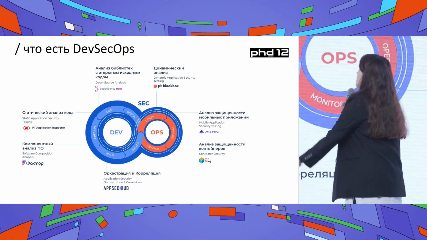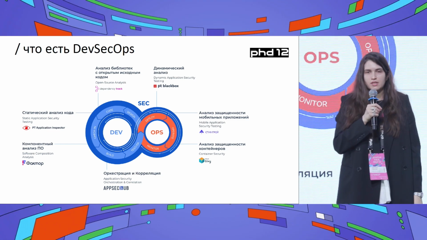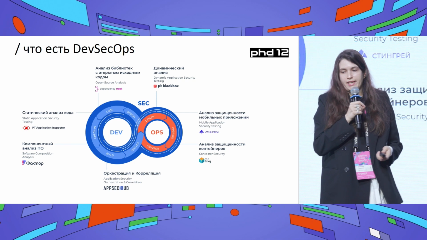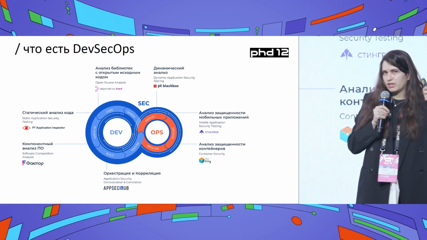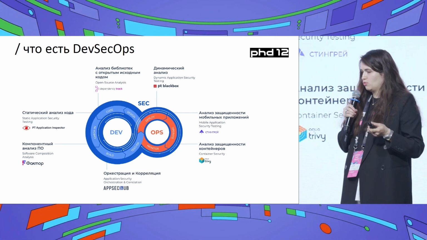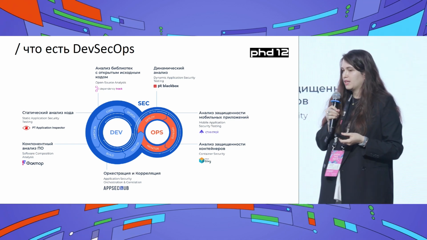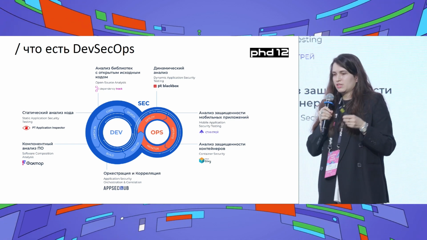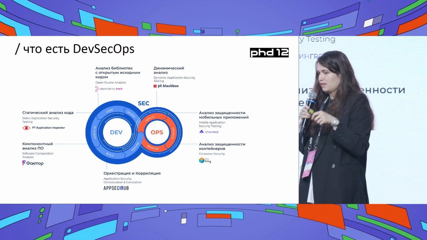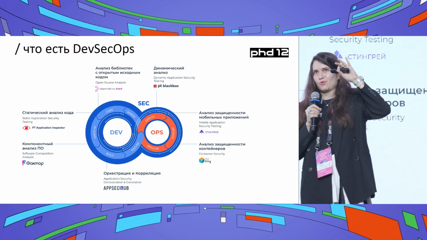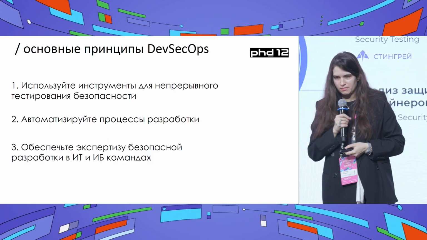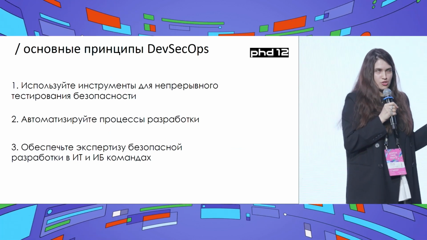So SAST and DAST should cover several cycles of development and so forth. And this is what you need to keep in mind when I start talking about how it fits with zero trust. So it's more about continuity of checks and inspections.